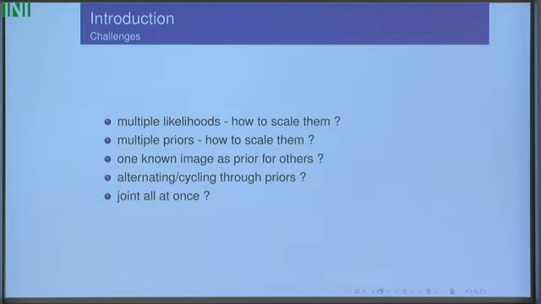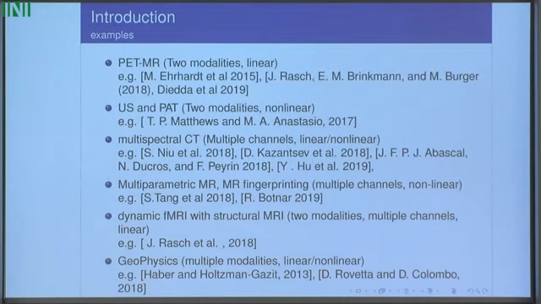Should you choose one image as known and use it as a prior for the others, or should we treat both as unknown and alternate between them in some way? And here's just a partial list that's taken from a special issue of Inverse Problems, which we recently did.